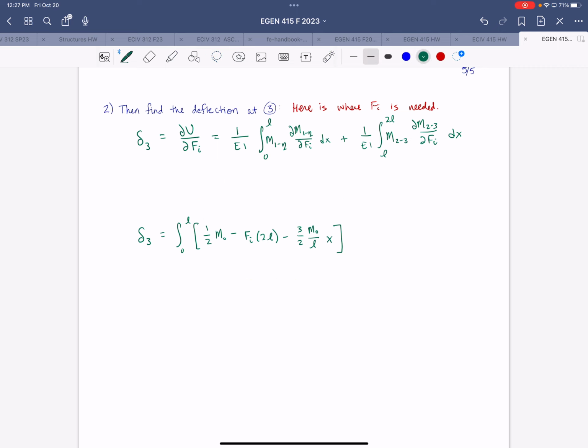So maybe I'll just note that: M1, R1, and R2, all in terms of M naught and L.